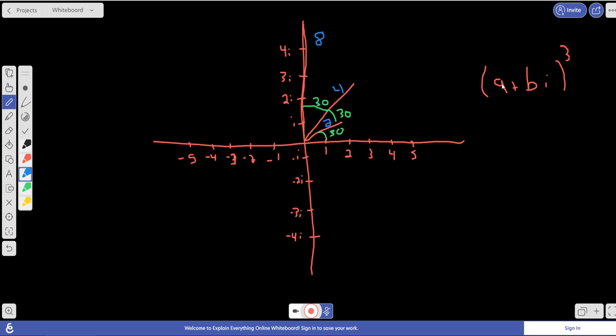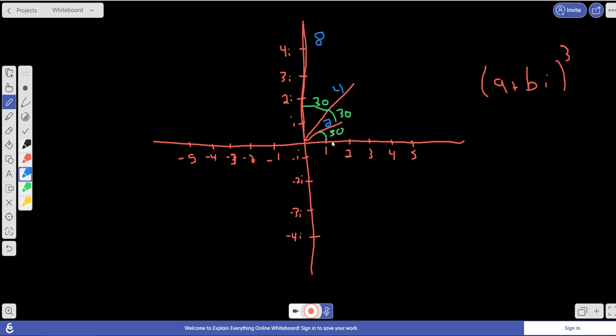So this is going to be very pertinent to what we're doing with e to the pi i. So just try to remember that every time you raise this complex number to a power, whatever angle this forms is just going to be multiplied by this power.